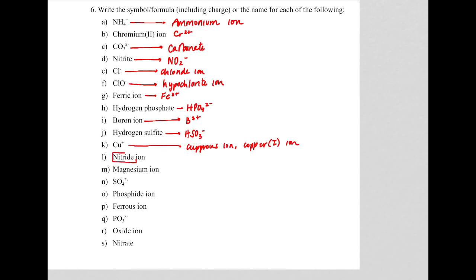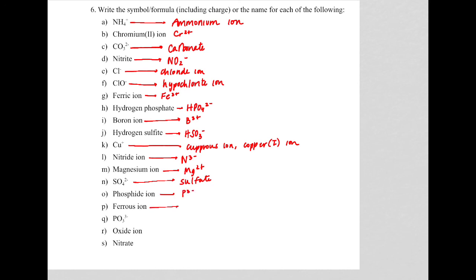Which nitrogen containing ion am I talking about? I'm talking about N3-. Magnesium ion is Mg2+. This is sulfate. Phosphide is P3-, not phosphite.